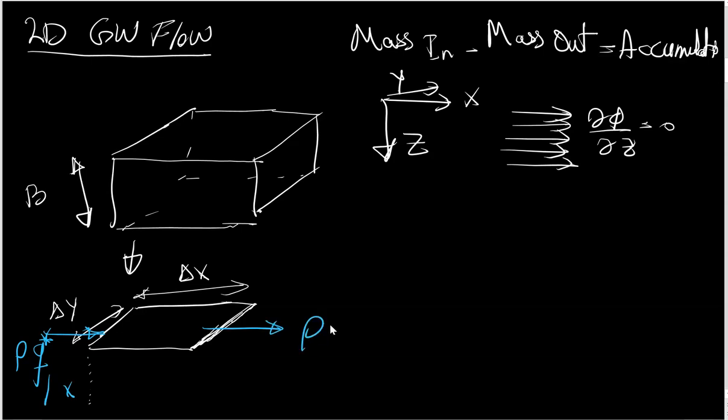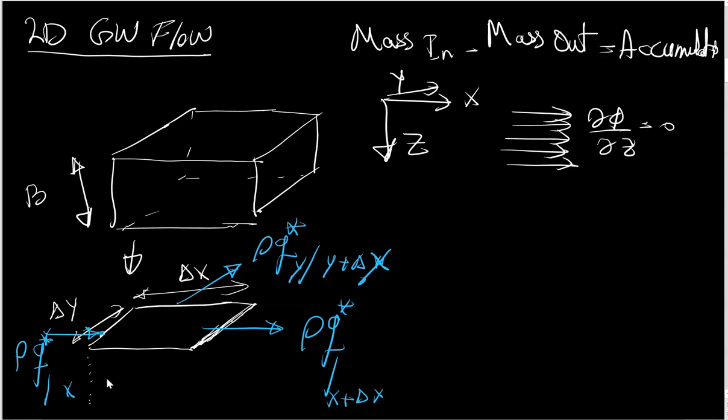I multiplied by rho just to turn everything into the mass form. Then rho Q star at x plus delta x, here rho Q star y at y plus delta y, and this is rho Q star y at y. Pretty much the same concept.